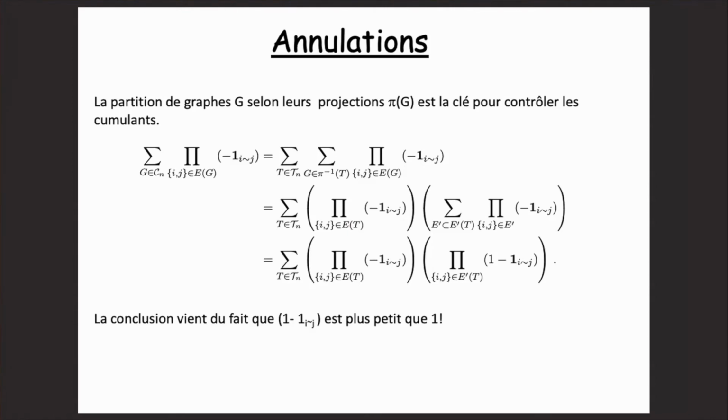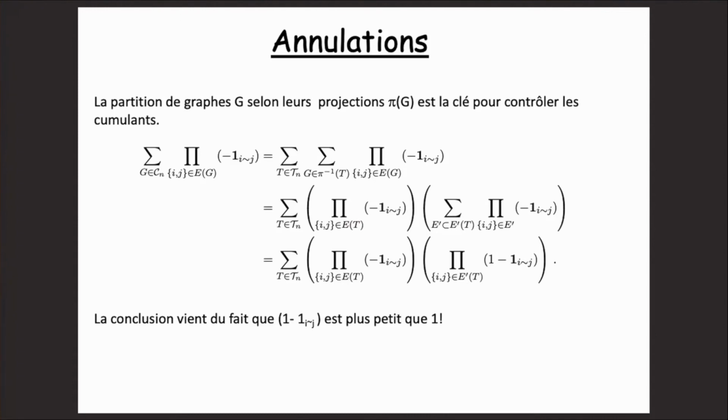So now you sum over all possible graphs here, and you split the edges of G into the edges of T and the edges of the rest. Okay, so this R of T here. When you describe all the pre-image of T, you will necessarily get all these edges, but the others can be or not be in the set of edges. So here you have all the edges of T, and for the others, you have the sum of all possible choices.